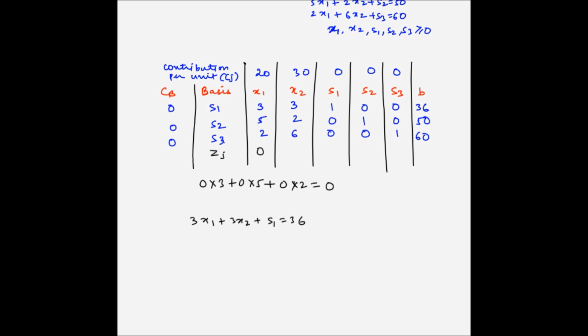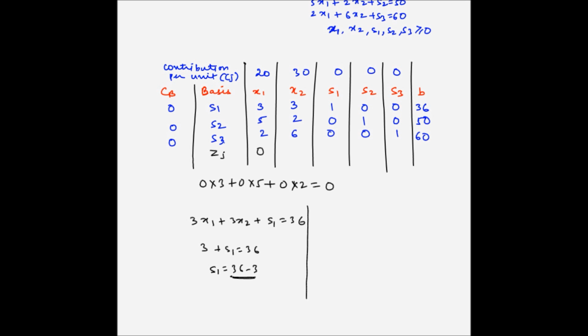So let's say 1 unit of x1 is introduced in this. So this will become 3 multiplied by 1, which is 3. This remains 0 because x2 is 0, plus s1 is equal to 36. So s1 is equal to 36 minus 3. We leave it as this because we want to find a generic form for the reduction in profit.